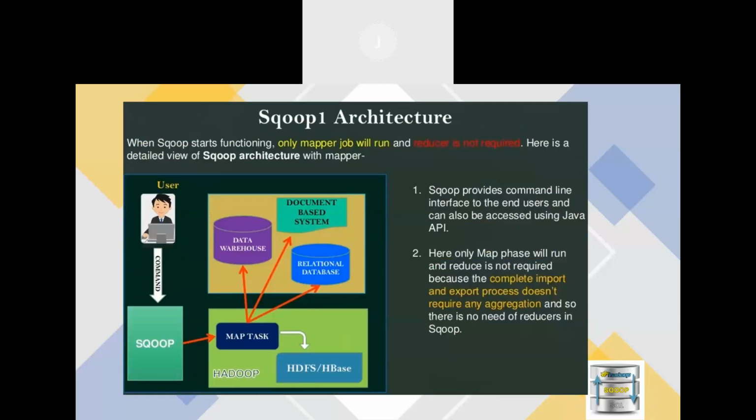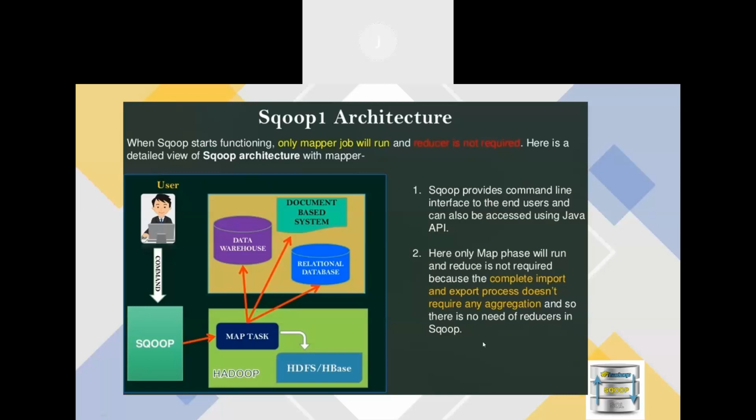Furthermore, they are differentiating what I told you. Only the mapper job will run, the reducer job is not required. It is just preparing our data from the RDBMS. The mapper does that job only. It prepares the data from the RDBMS and stores it into the HDFS in the distributed format. So this is the Sqoop architecture with mapper.